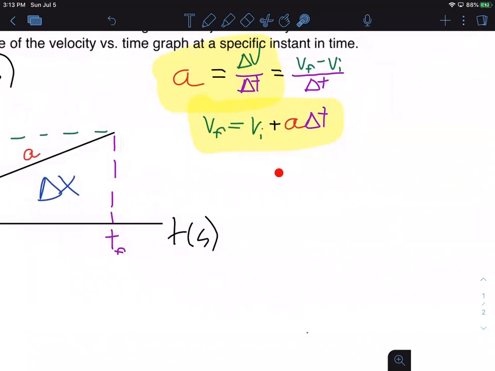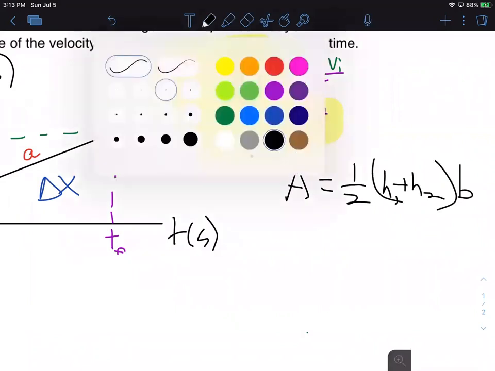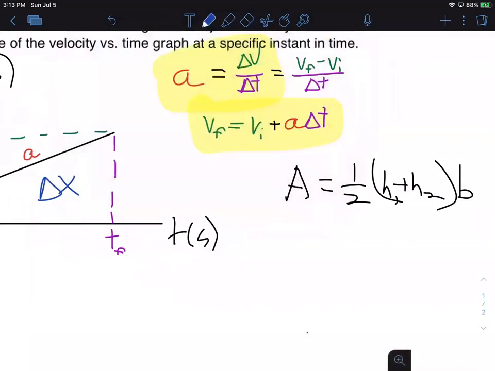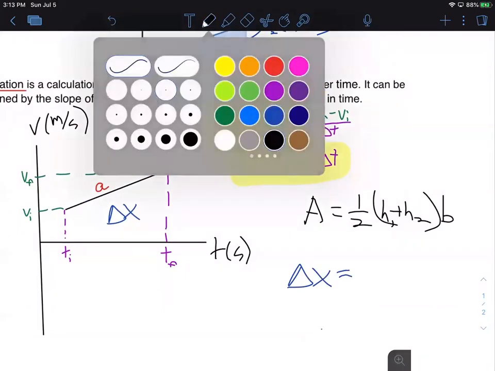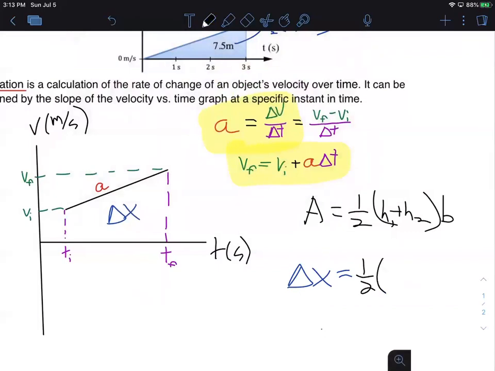So area of a parallelogram, area is 1/2 base 1 plus base 2. Or actually, instead of bases, we could do heights. h1 plus h2 times the base. So in the case of our variables here, we can say delta x, the area, is equal to 1/2, and then our two different heights are vf plus vi.